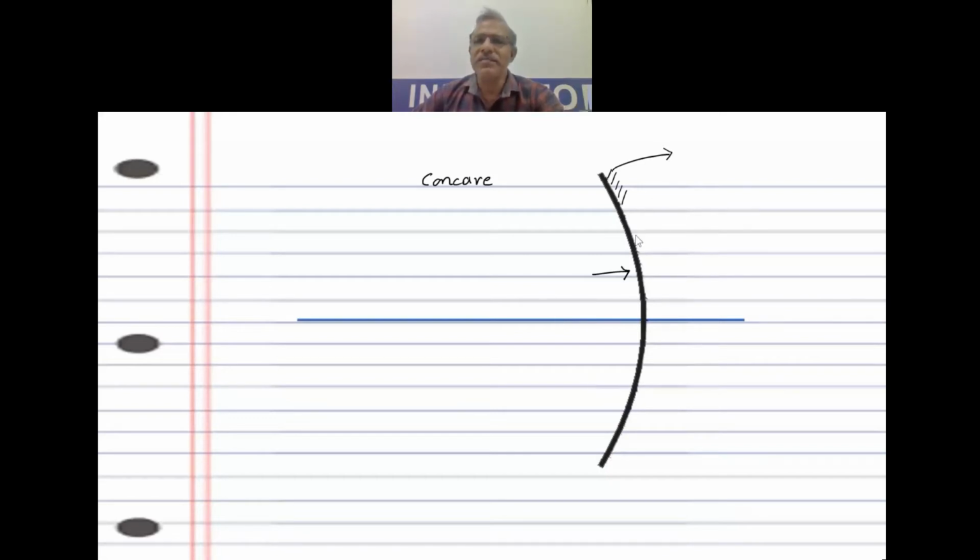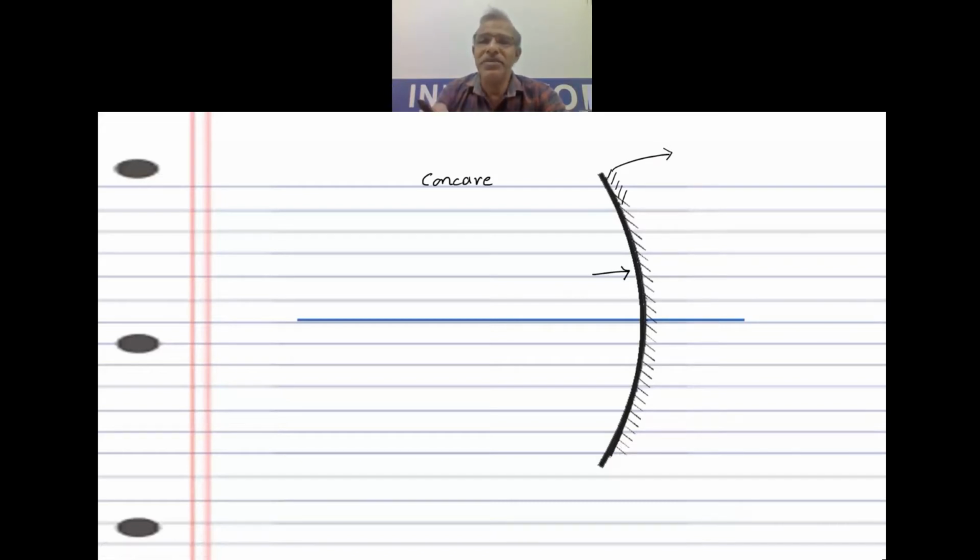And therefore, do not forget the shading of this concave mirror on the other side. So let us assume that we have done it. Next, we have to draw light rays which are parallel to each other.